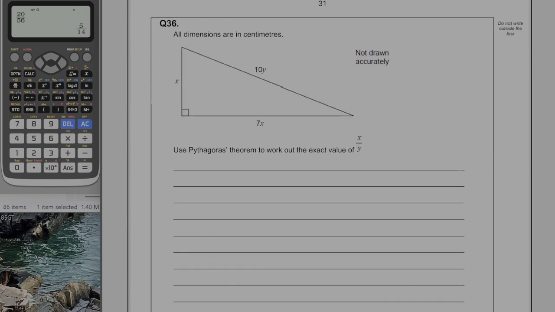Okay, question 36. All dimensions are in centimetres. Use Pythagoras' theorem to work out the exact value of x over y. Okay. So I'm going to work out this length squared in terms of x.